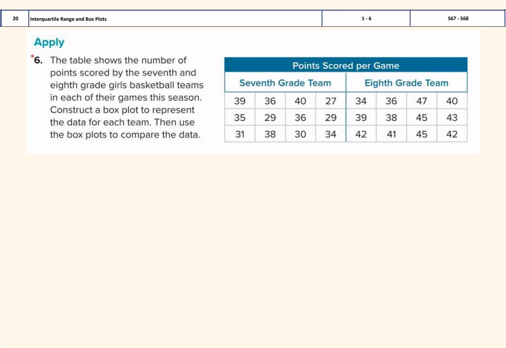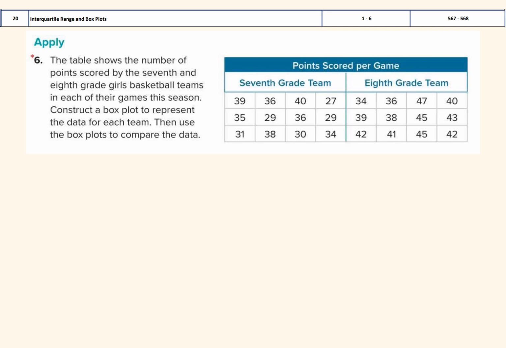Now let's solve the last question in the written part. The table shows the number of points scored by the 7th and 8th grade girls basketball teams in each of their games this season. Construct a box plot to represent the data for each team, then use the box plots to compare the data.